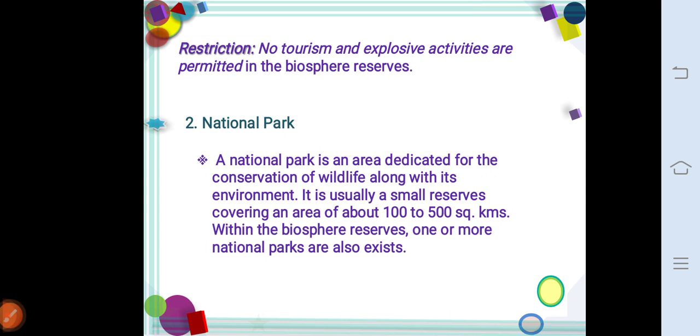Wildlife sanctuaries. A wildlife sanctuary is an area reserved for the conservation of animals only. At present, there are 492 wildlife sanctuaries in our country. Role of wildlife sanctuaries: it protects animals only.